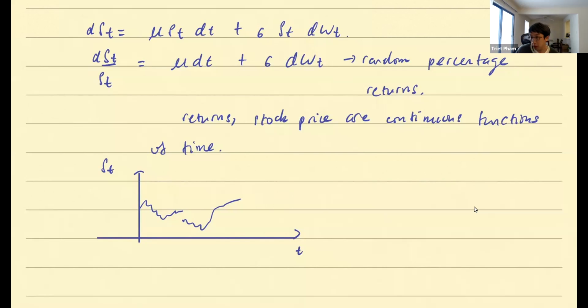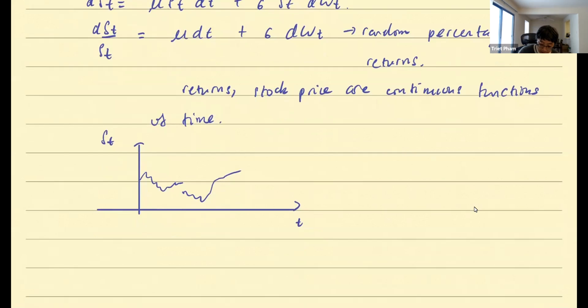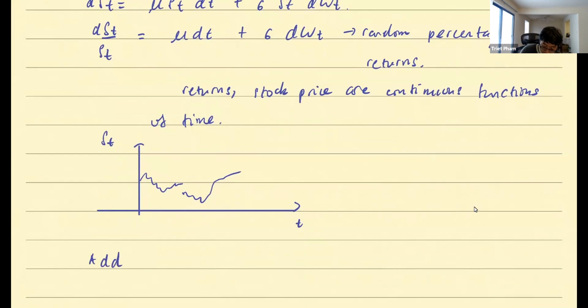But here we're concerned with how to do so. If you are interested in capturing this kind of jump, how would you do so? The answer is you try to add one more component into the noise level. You add another noise component, but which is pure jump.